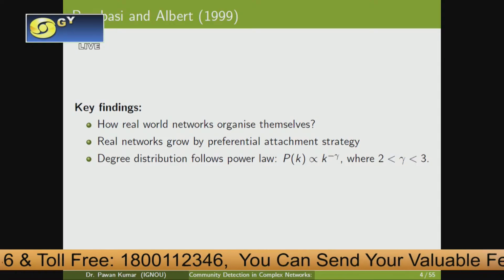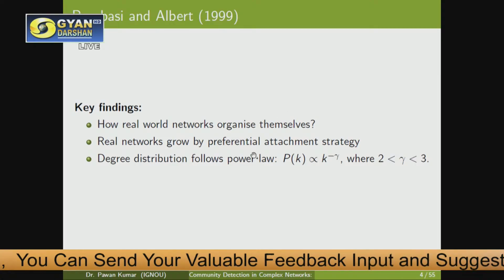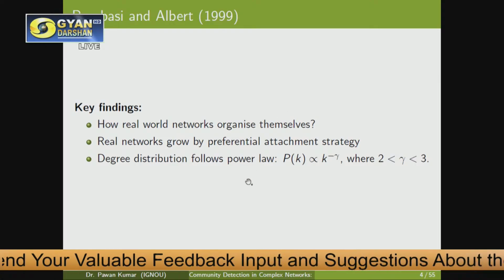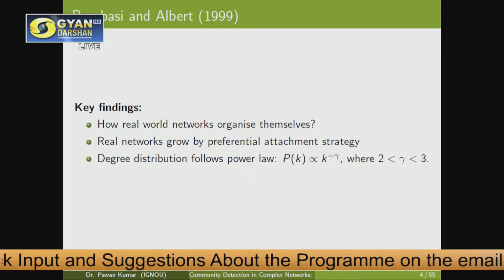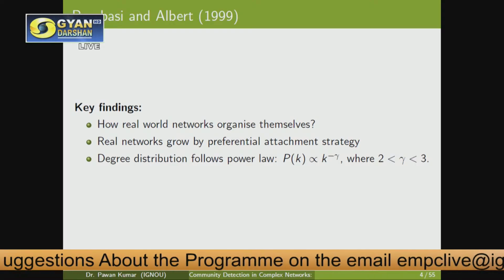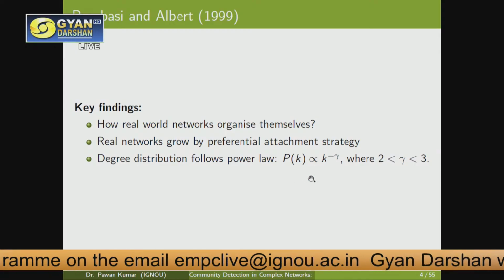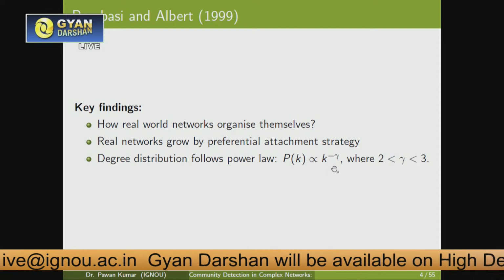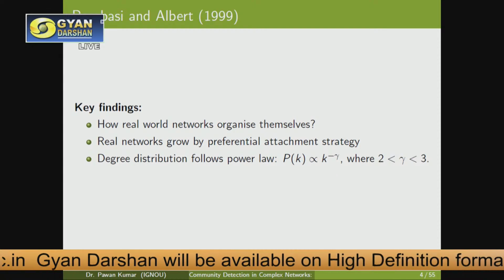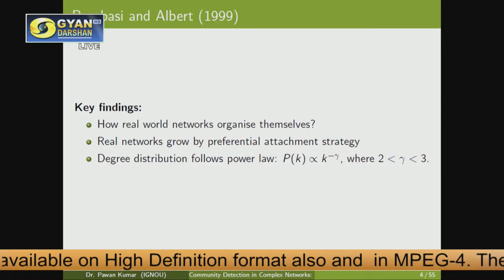To study this in a systematic way, Barabasi and Albert computed the degree distributions of different kinds of real world networks, and what they found was that the degree distribution follows a power law: P(k) is proportional to k to the power of minus gamma, where gamma, for most of the time, they observed lying between 2 and 3.